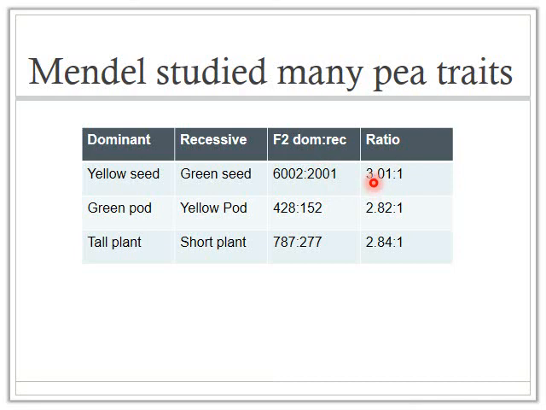This 3-to-1 ratio, you flip a coin 100 times, you're not going to get 50 heads and 50 tails. But if you do it enough, you're going to see that statistically it's a 50-50 ratio here. But nothing is ever perfect. And so when he looked at the color of the pea pods, it came close to a 3-to-1 ratio. The tallness of the plant versus short was a 3-to-1 ratio.